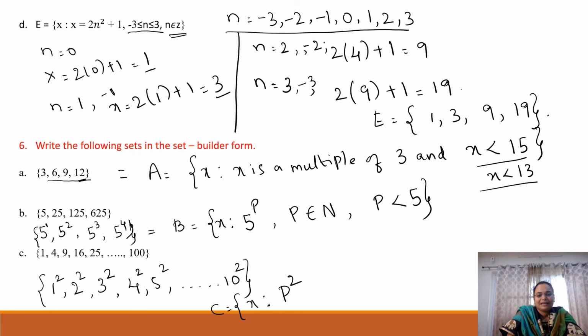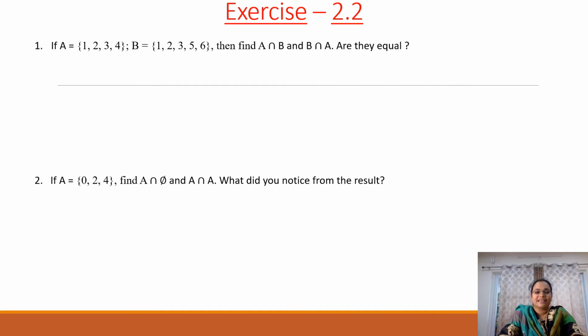So I am taking it as p squared, where p belongs to natural numbers and p is less than 11. p is 10, right? We are stopping at 10, that is the reason we have taken p less than 11.